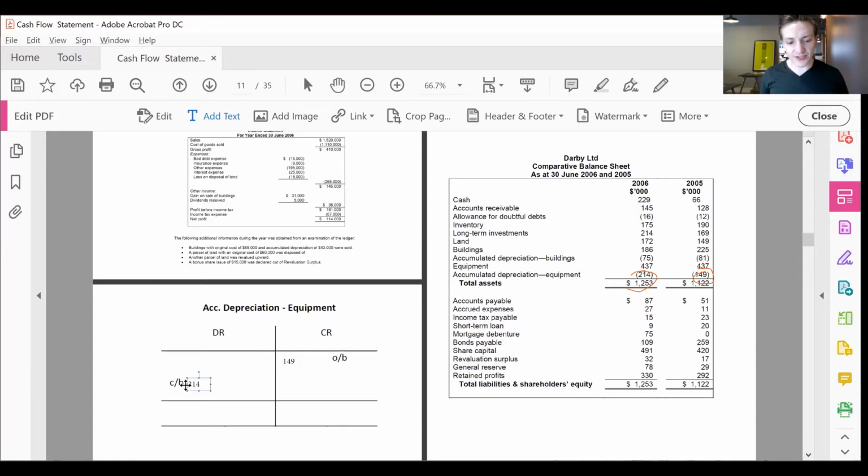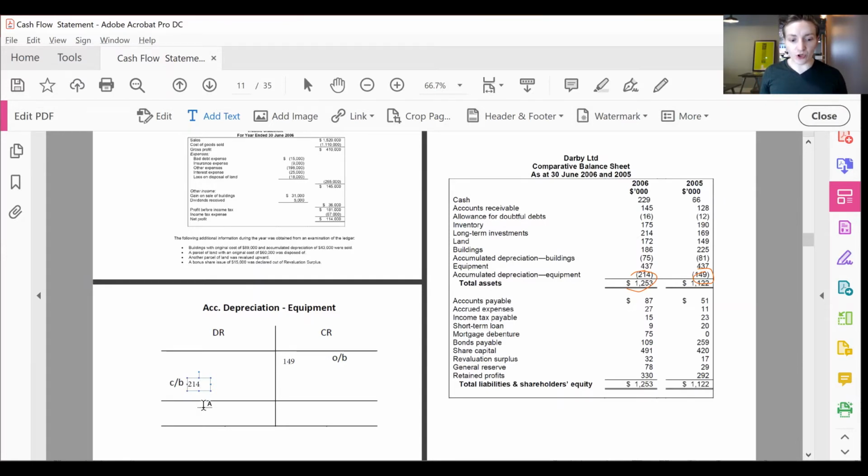Now, this depreciation functions much the same way as for buildings, by which I mean that the accumulated depreciation for equipment goes up if you have depreciation expenses and goes down if you have something like a sale. Here it turns out that we do not have a sale. We are not told anything about a sale of equipment in the notes.